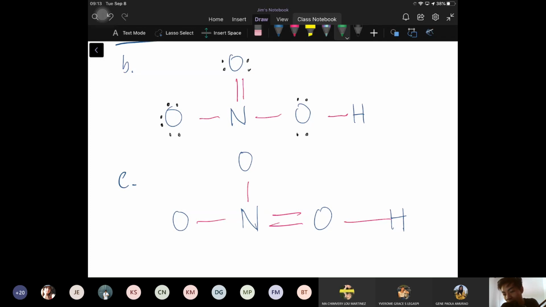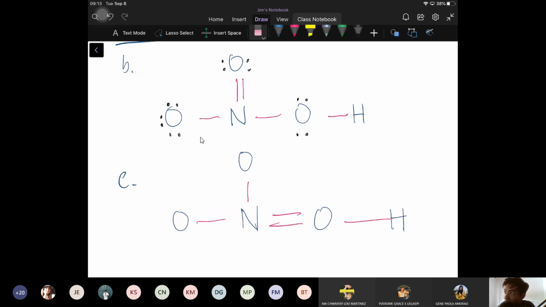So, check na lang natin if octet yung nitrogen pati yung hydrogen. For hydrogen, di naman octet yung need, pero kailangan ng dalawa, and okay na tayo doon. So, we have 2 electrons around hydrogen. Okay. So, for nitrogen, again, it should follow the octet. So, looking at this, we have 2, 4, 6, 8 electrons na in the form of bonds.